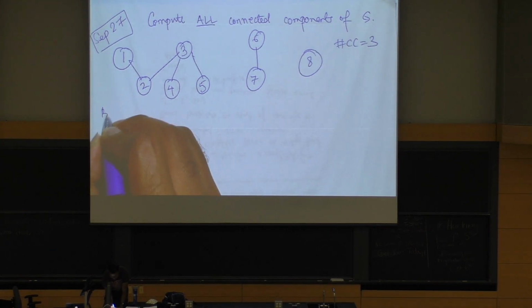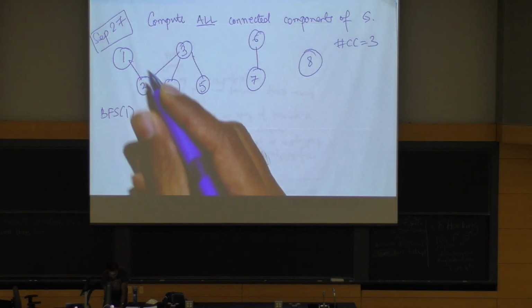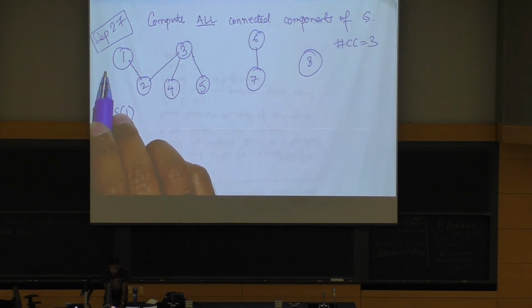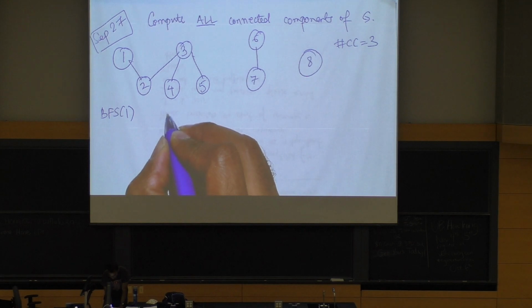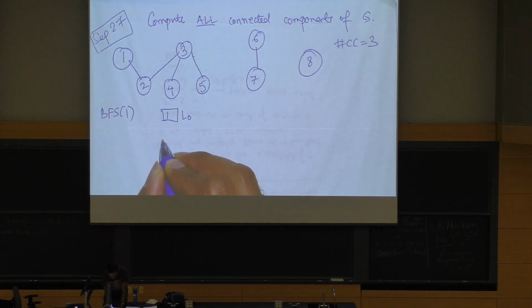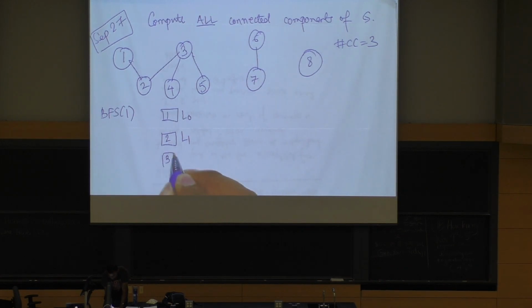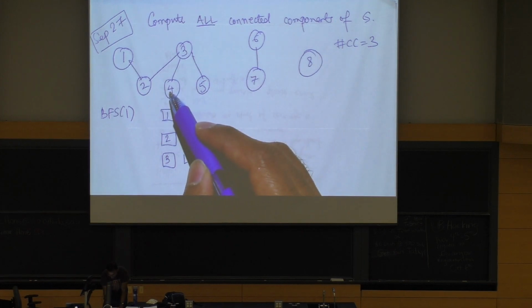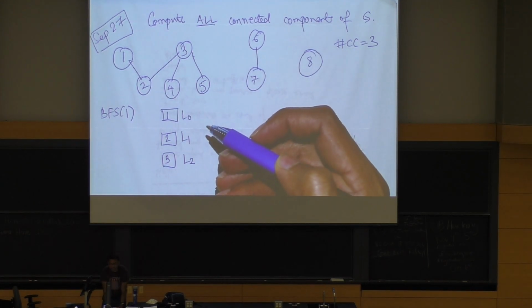And so let's say the first vertex we pick is 1, and we run BFS on this. So we'll have 1 in layer 0, 2 in the next layer, 3 in layer 2, and then what would be the vertices in the last layer?